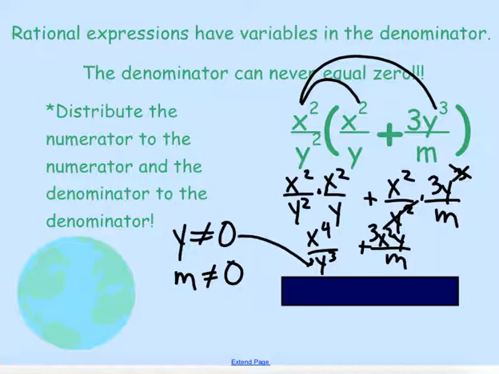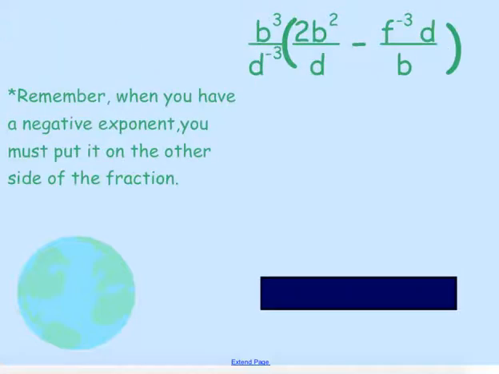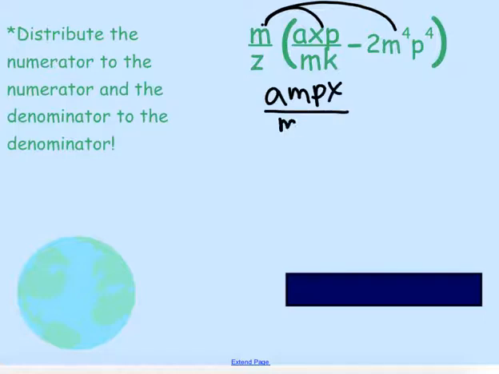Okay, so this lesson is just going to be a bunch of different examples of what's going on here. So let me try one that we didn't do in class, like this one. Okay, we're going to distribute out, and we are going to say I get a m p x over m k, or k m z, minus, and we have this over 1, so we're going to say we get 2m to the fifth p to the fourth over z.